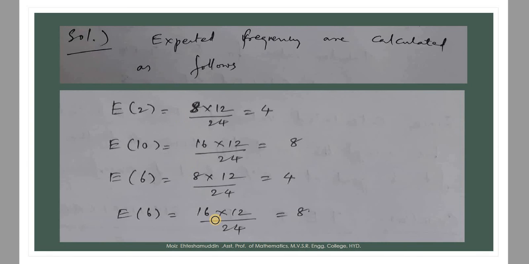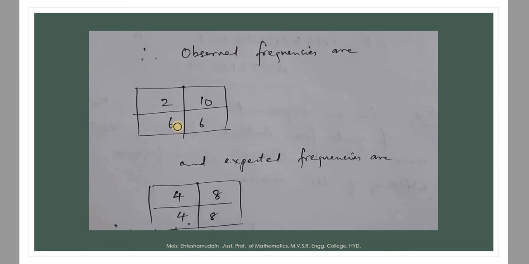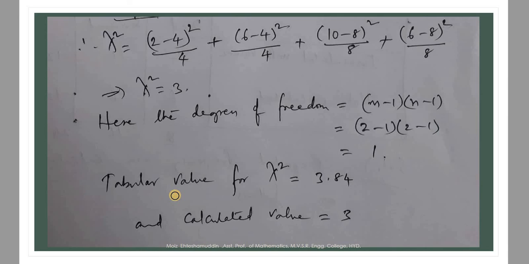All expected values have been calculated. Now I have summarized the observed frequencies, which are given in the table, and we have calculated the expected frequencies. You can see very easily that for every cell there is an observed value and an expected value. Exactly as in the earlier case, we use the chi-square test.